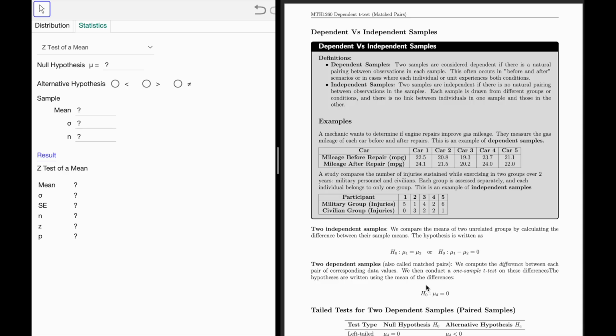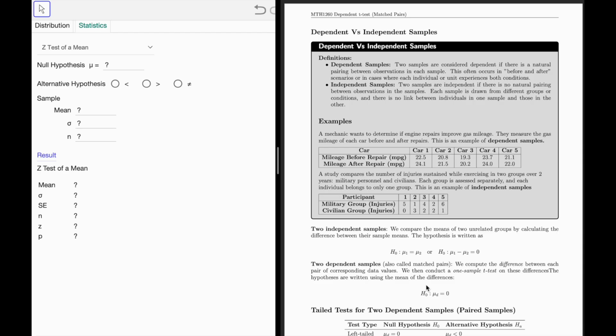So, when we run a hypothesis test for two independent samples, we compare the means of two unrelated groups by finding the means and then we take the difference between them. Now, when we're looking at a hypothesis test for two dependent samples, which is what we're talking about, our matched pairs, we first find the difference between each pair and then conduct the test on the differences, treating them as a single sample.